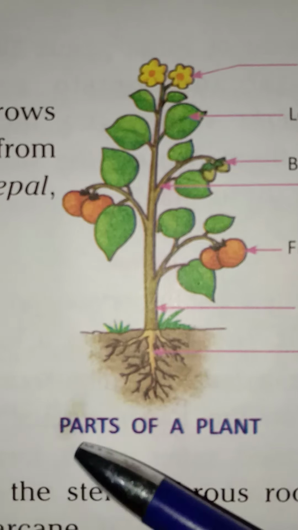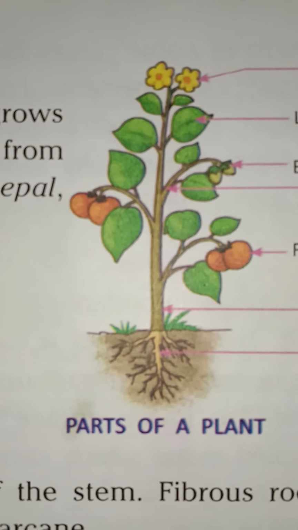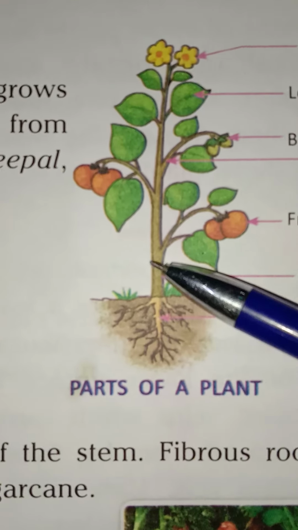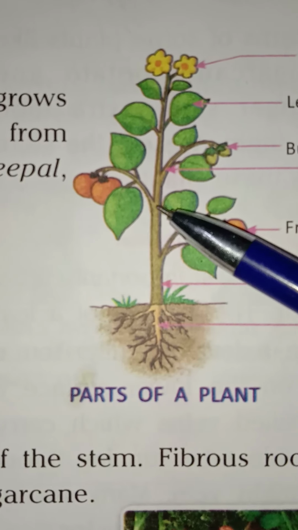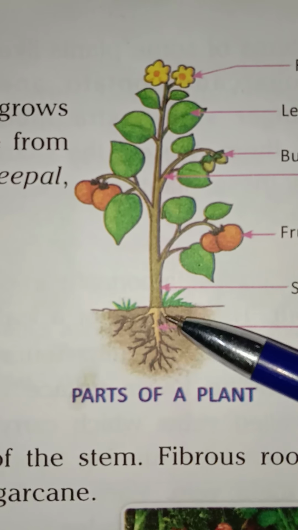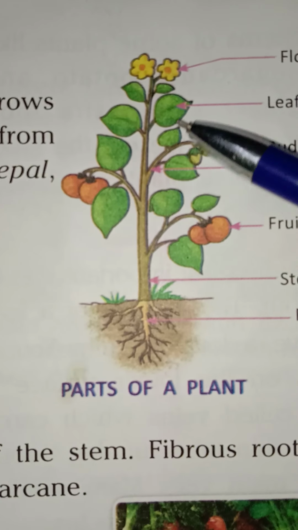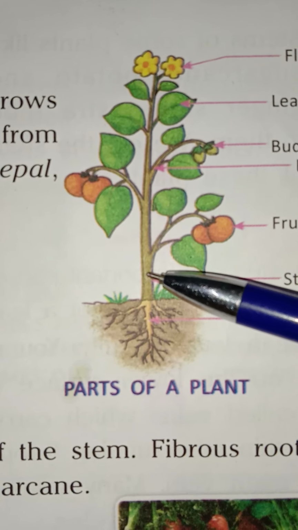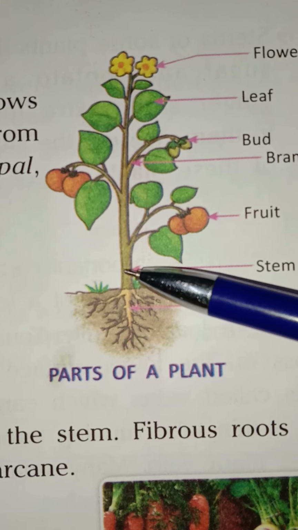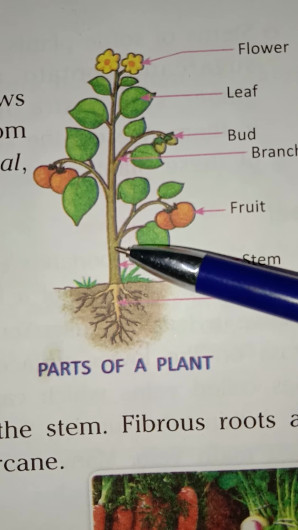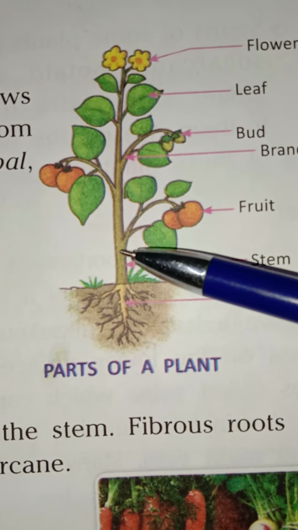Student, you can see here, a plant has two parts, root and shoot. Roots grow below the ground and shoot grows above the ground. Now this is stem. The stem grows above the ground and stem is the main part of the shoot.